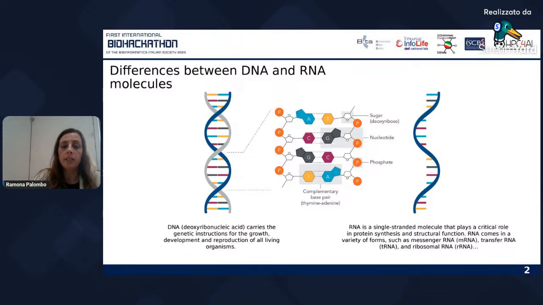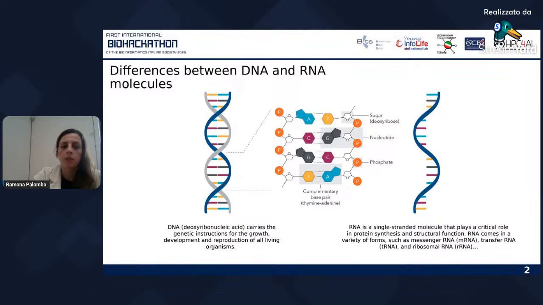Instead, RNA is a single-stranded molecule, and this molecule is not naked like we can see in the image, but there are several RNA binding proteins that can protect and cover the RNA molecules, and it can also have different three-dimensional structures that can help the molecules, for example, in the recognition of specific structures or specific portions of other species of RNAs.